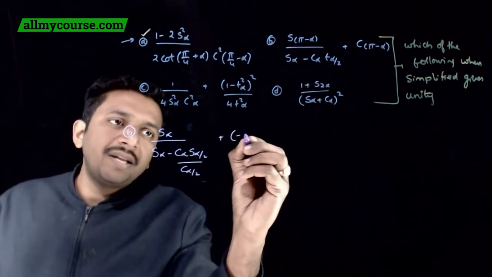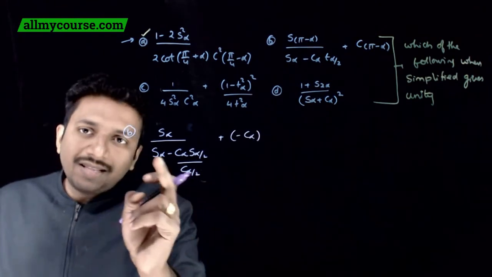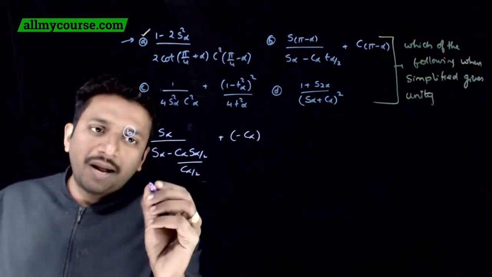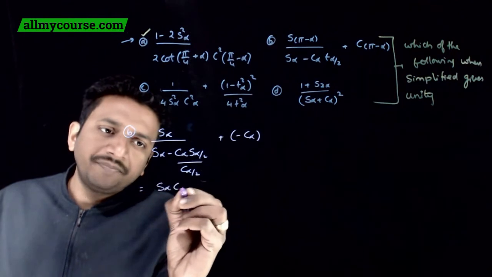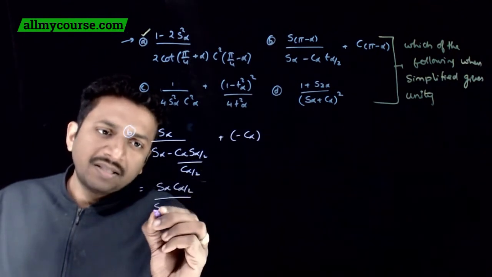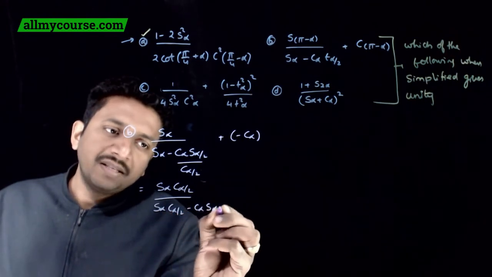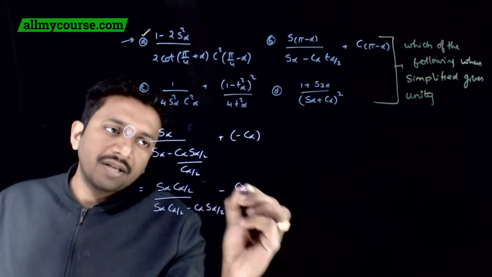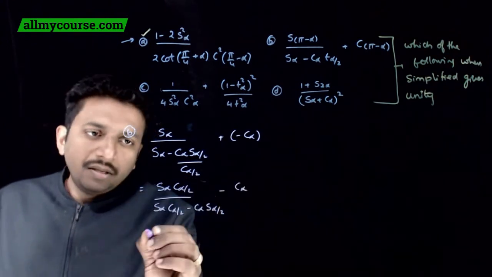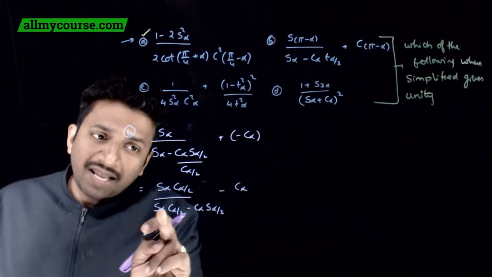So cos of pi minus alpha is minus cos alpha. So now if you take the LCM here and send the denominator up, you get sin alpha cos alpha by 2 divided by, take the LCM, sin alpha cos alpha by 2 minus cos alpha sin alpha by 2 minus cos alpha.